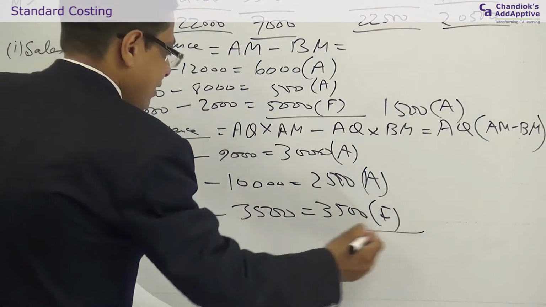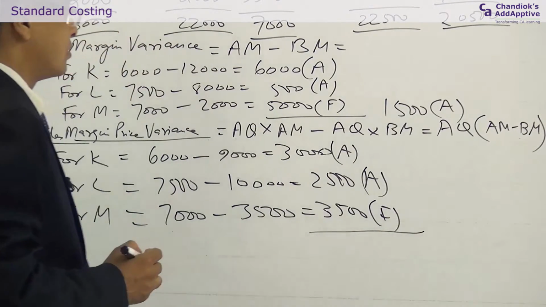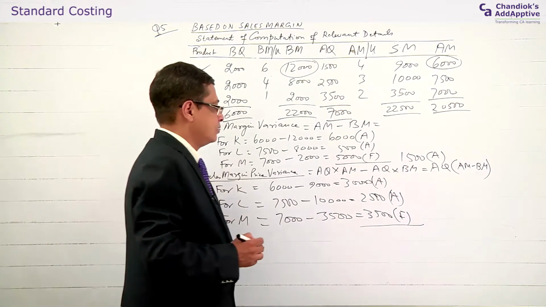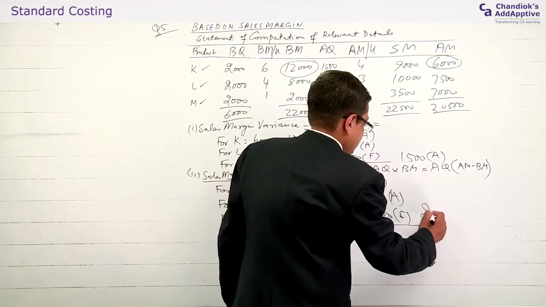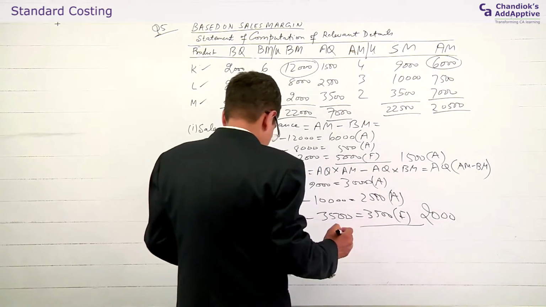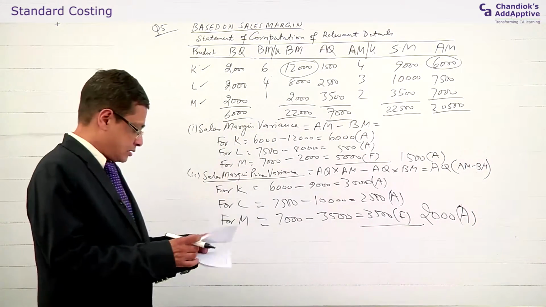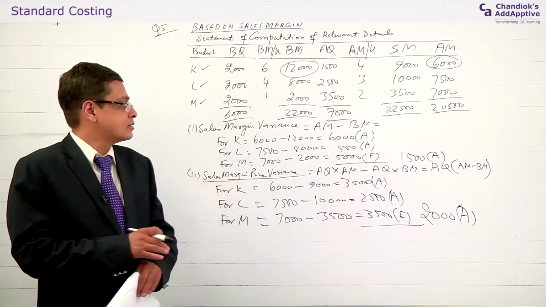So, if you add all the three, what you notice? 5500 adverse and 3500 favorable. So, this becomes 2000 adverse. So, you have got sales margin variance.